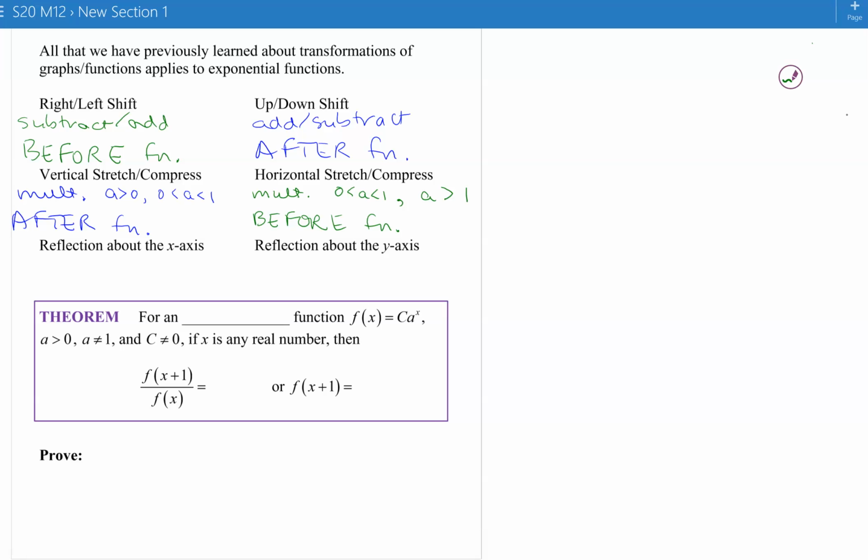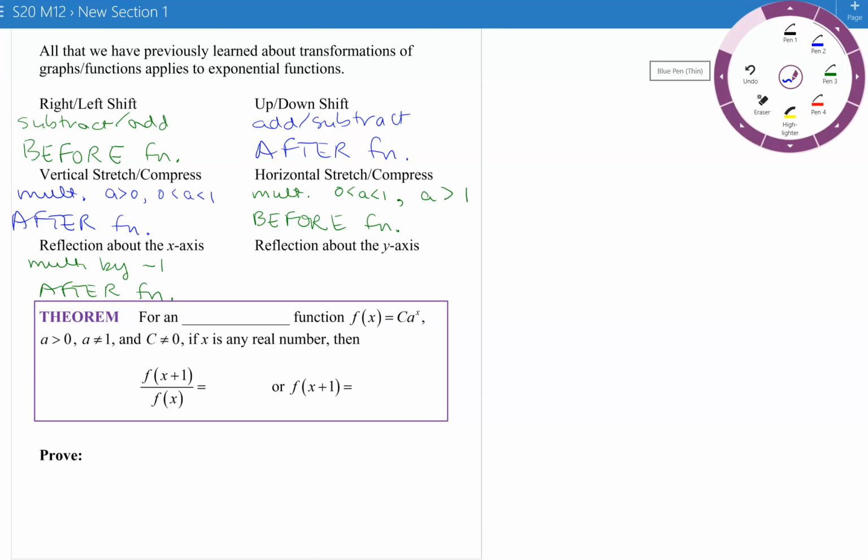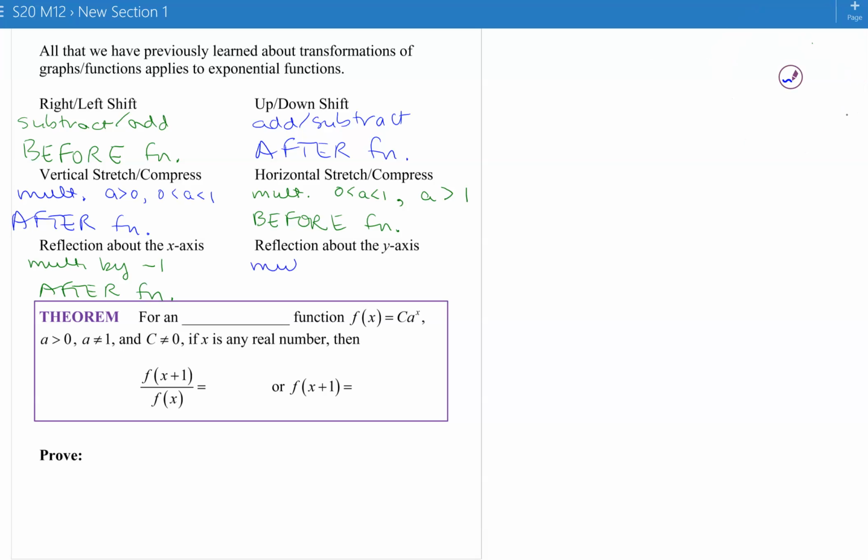Then reflection about the x-axis happens when you multiply by negative 1 after the function. And reflection about the y-axis happens if you multiply by negative 1 before the function.